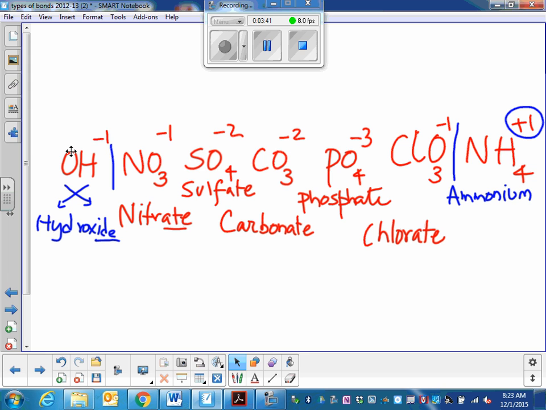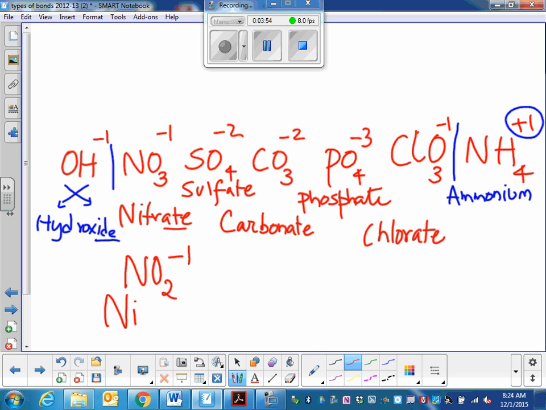Now, if you reduce the number of oxygen and you make it NO2 -1, it's a nitrite. It contains one oxygen less. So what will the formula for sulfite be?